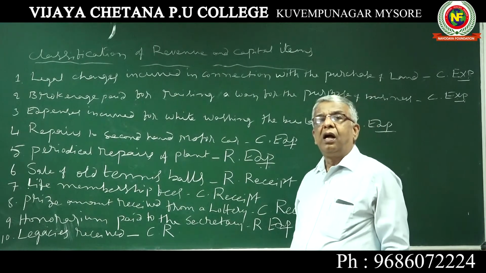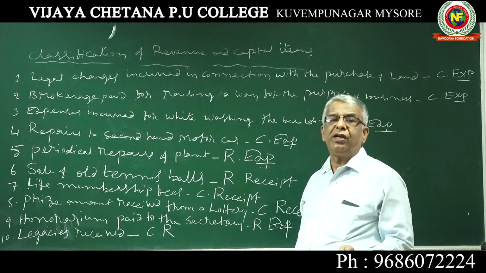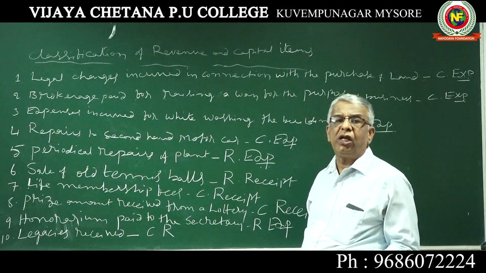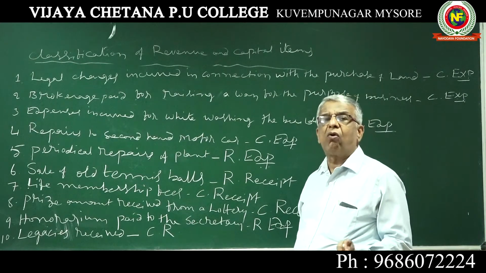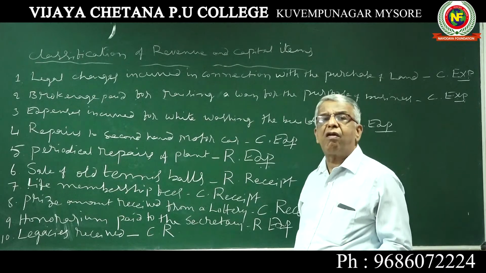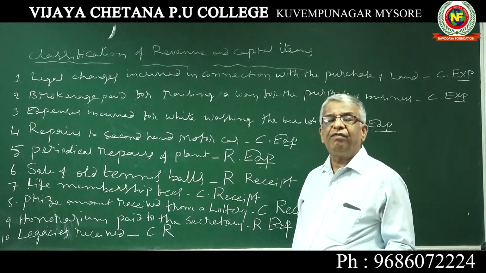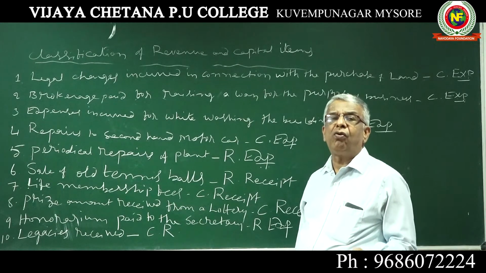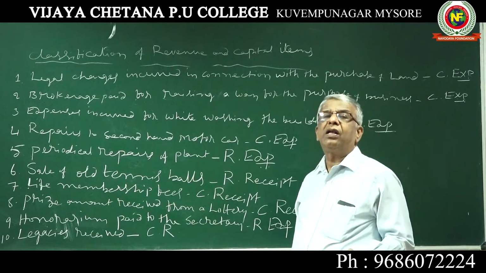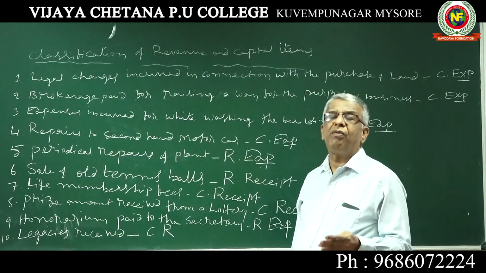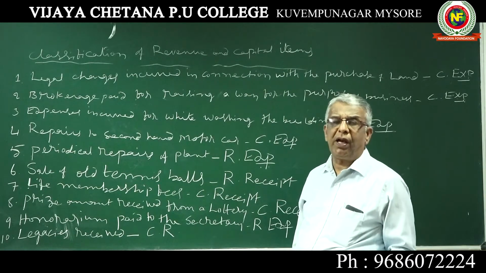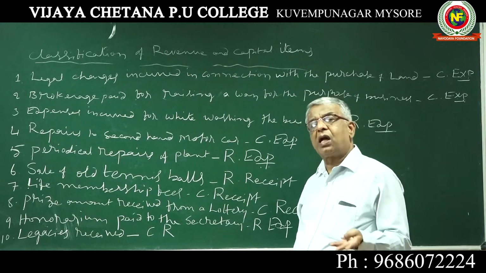Under practical-oriented questions in your annual examination, compulsorily they are going to give one question for 5 marks: classify the following into revenue and capital items, or revenue receipts or revenue payments, and capital receipts or capital payments.